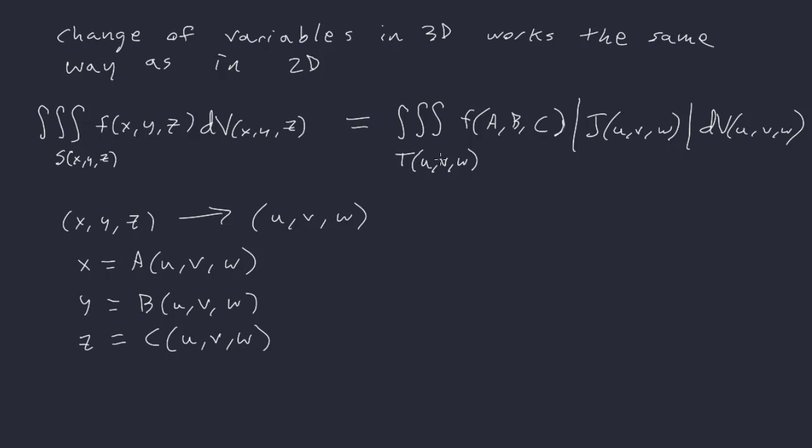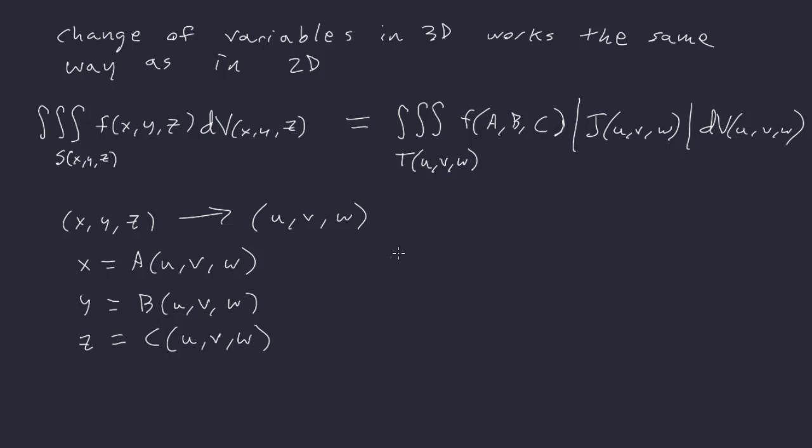We transfer it the same way, where we have f of a, b, c, with the transformation x equals a of UVW, y is equal to b of UVW, and z is equal to c of UVW, times the absolute value of the Jacobian, times dV in terms of u, v, and w.